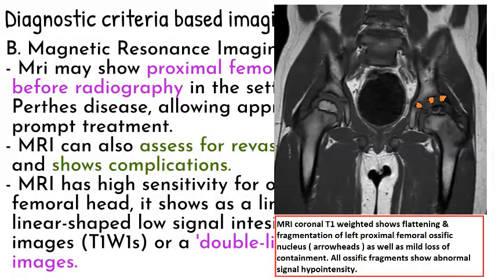This MRI of coronal T1 weighted shows flattening and fragmentation of the left proximal femoral ossific nucleus, labeled as arrowheads, as well as mild loss of containment. All ossific fragments show abnormal signal hypointensity.